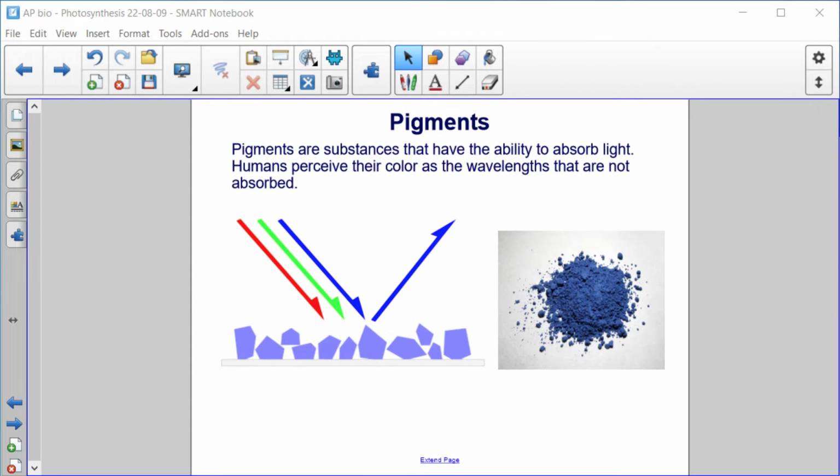Pigments are substances that have the ability to absorb light. Humans perceive their color as the wavelengths that are not absorbed. So if light is shined here, everything except for the blue is absorbed, and the blue is reflected back, and we perceive this pigment as the wavelength that is not absorbed.